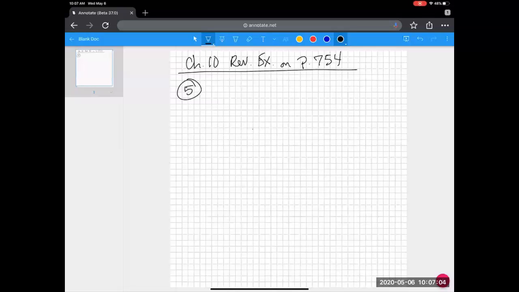And so in number 5, we are given that x is equal to the natural log of t, and y is equal to 8 times the natural log of t squared. And we are told that this is for 1 is less than or equal to t is less than or equal to e squared.